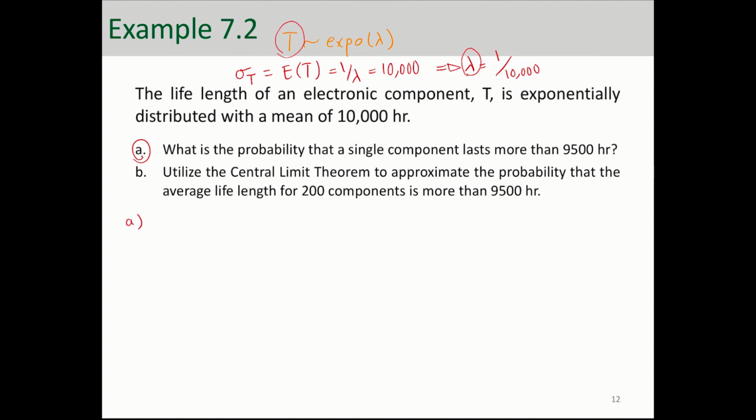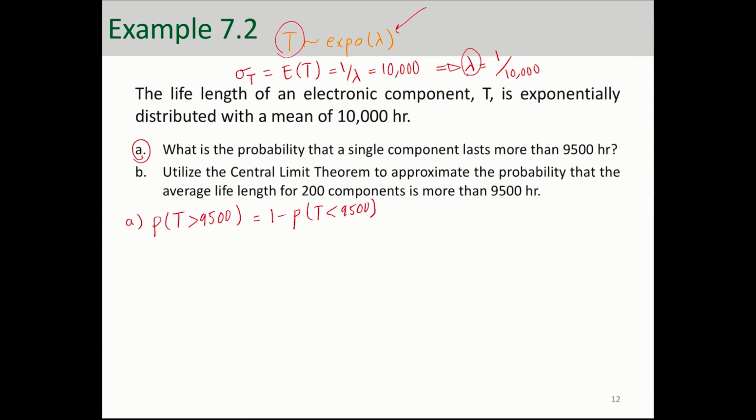So in part A, what is basically asked here is, what is the probability that t is greater than 9,500? Well, we know that t follows an exponential distribution. And in order to calculate that, we change this to the CDF, 1 minus the probability of t less than 9,500.